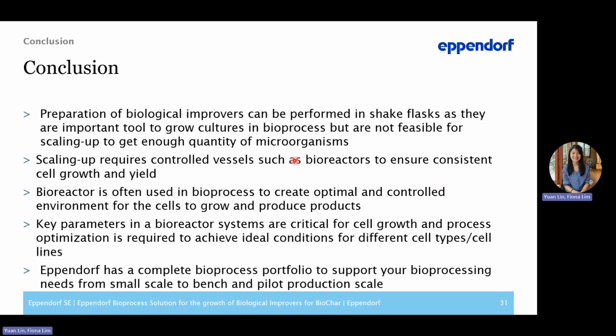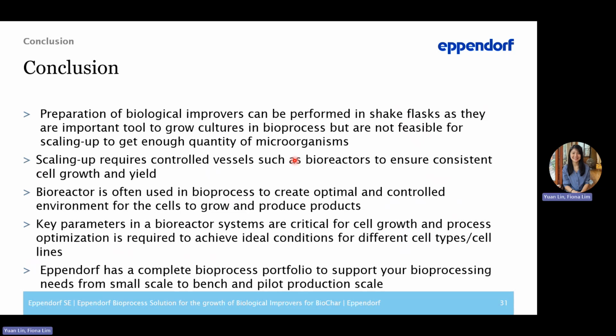And secondly, scaling up requires controlled vessels such as bioreactors to ensure consistent cell growth and yield within the bioreactor. So if you compare with working with multiple flasks, you can never be sure that all the different flasks are giving you consistent results that you are looking for.